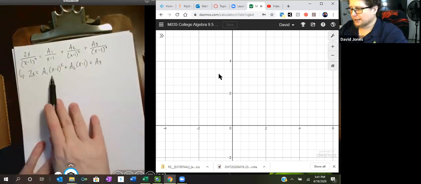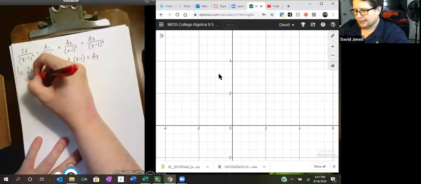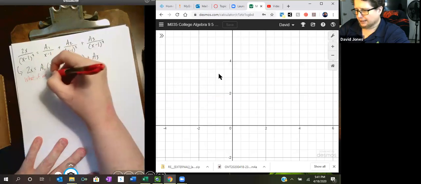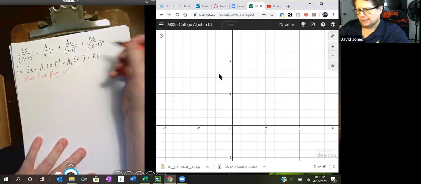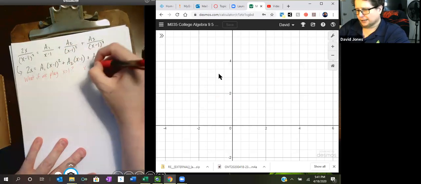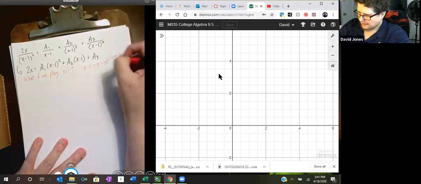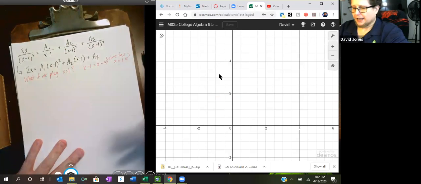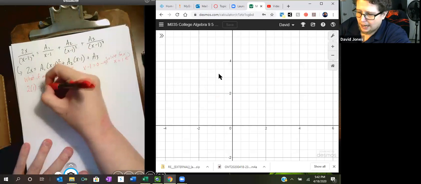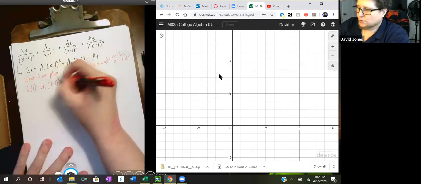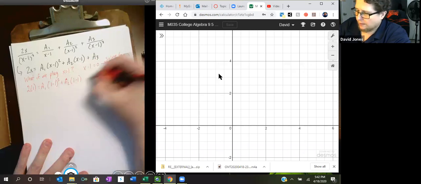Notice I have x minus 1 and x minus 1. What if we plug in x minus 1 equals 0, or x equals 1? How did I get that? x minus 1 equals 0, solve for x. If I plug that in, I have 2 times 1 equals a1 times 1 minus 1 squared, plus a2 times 1 minus 1, plus a3.